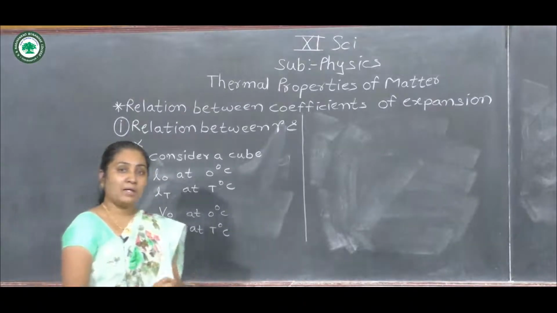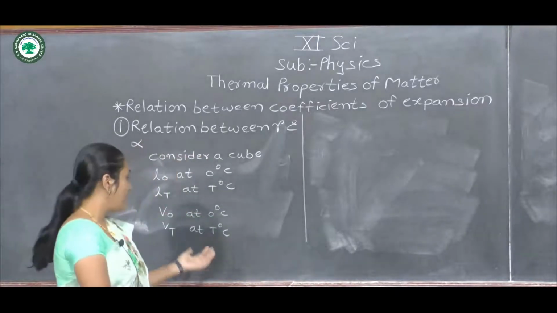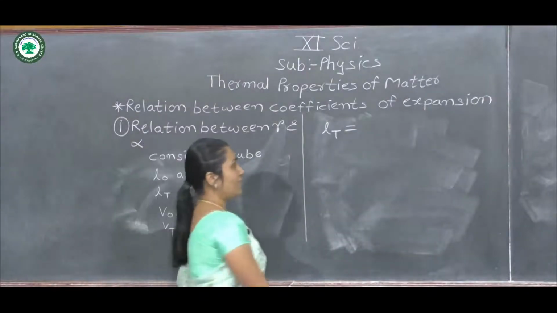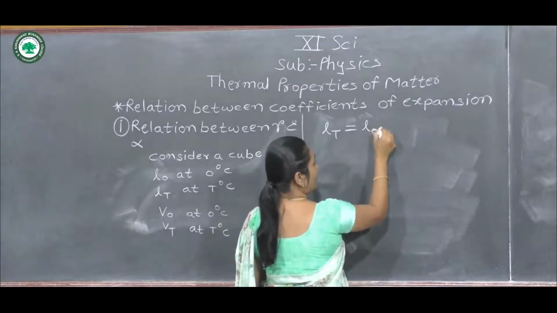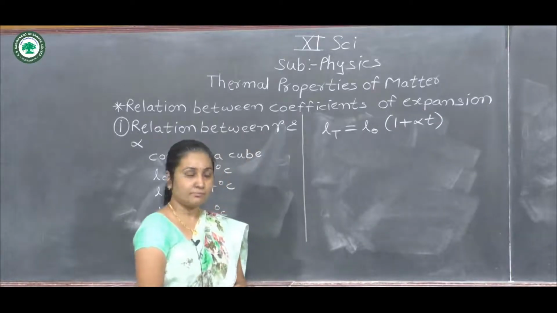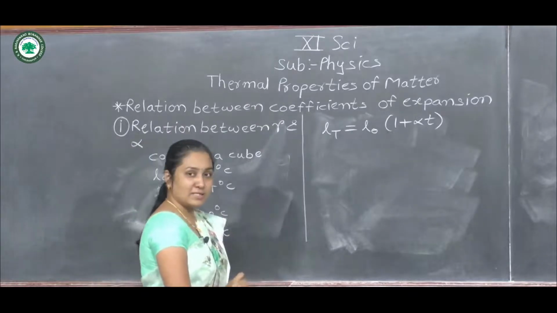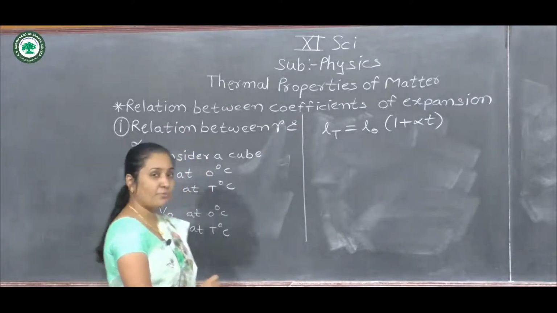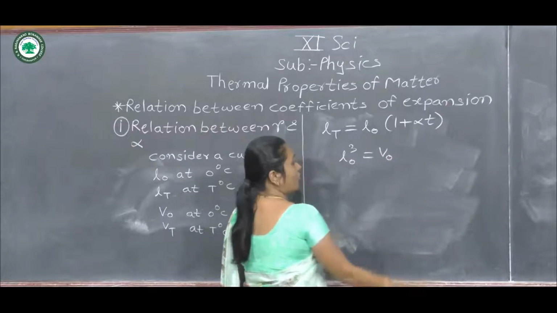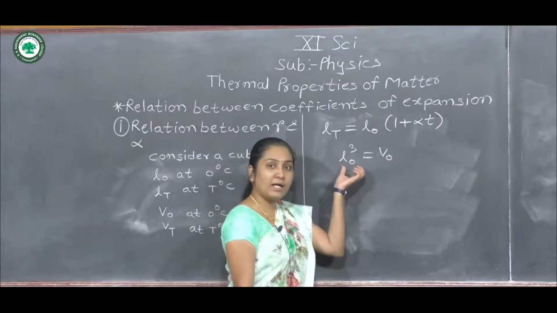By using the equation for the coefficient of linear expansion, LT is equal to L0 in bracket 1 plus alpha T. The volume at 0 degrees Celsius is V0, so L0 cube is equal to V0 because volume is equal to length cube.